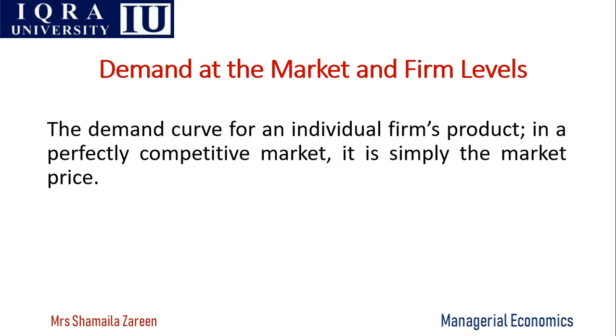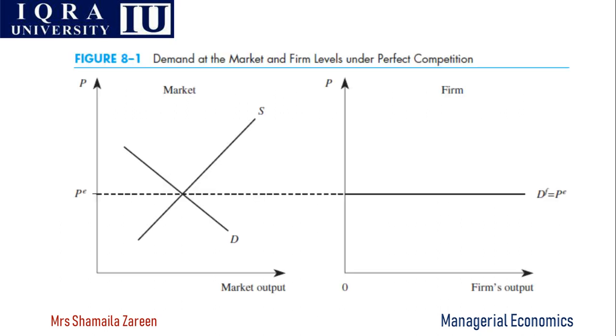So the demand curve for an individual firm's product in a perfectly competitive market is simply the market price. In a competitive market, price is determined by the intersection of the market supply and demand curves.